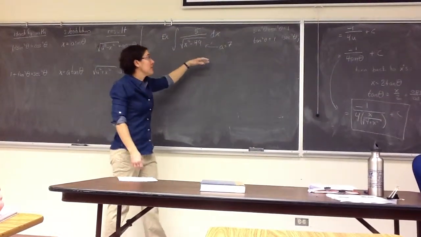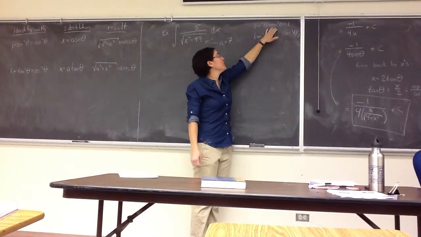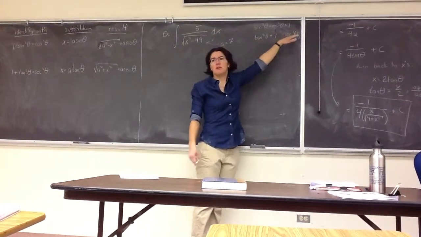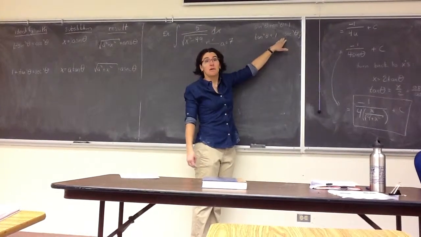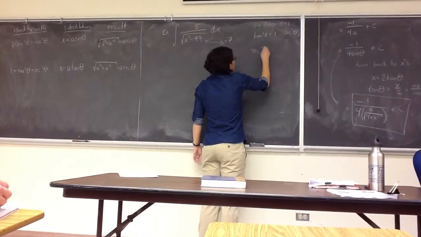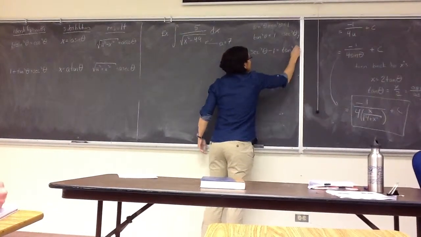And so to make that happen, if I move around the sine squared plus cosine squared equals 1, then I'm going to have a negative cosine squared on the right-hand side. So I don't want to do that. Rather, I'm going to work with my second one. So I'm going to look at secant squared theta minus 1 is equal to tangent squared theta.